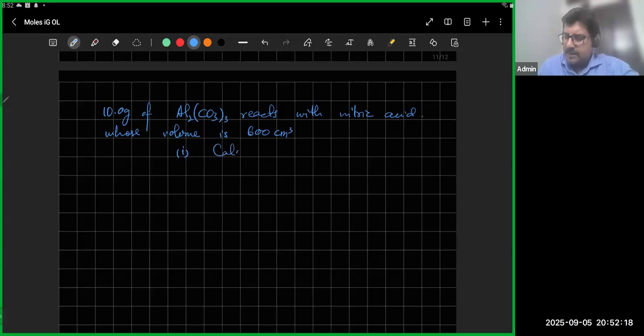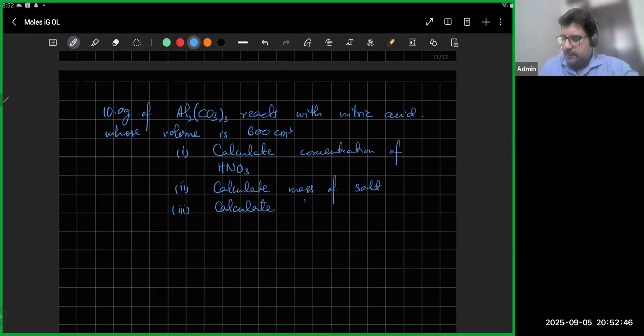The first part is calculate the concentration of nitric acid. Then it has a second part, which is calculate the mass of salt. And then it has a third part, which is that you calculate the volume of carbon dioxide gas.